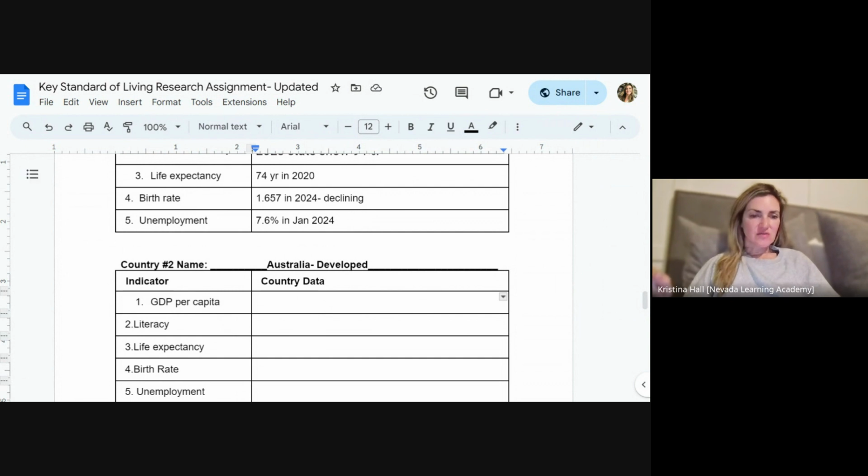We want the total per capita. Let's see here. Let me try real GDP per capita. Let's see. GDP, Australia. Let's see what we get.